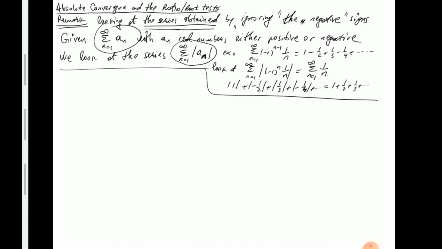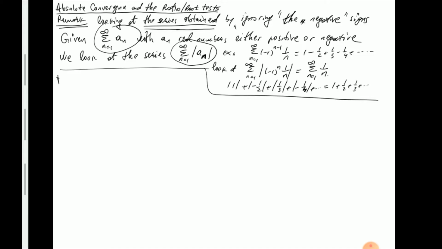This is related to the new concept we're going to introduce today, absolute convergence. If it happens that the series with positive terms converges, there is a theorem which states that the original one converges as well.